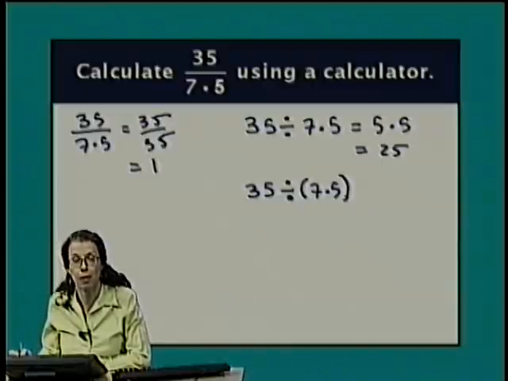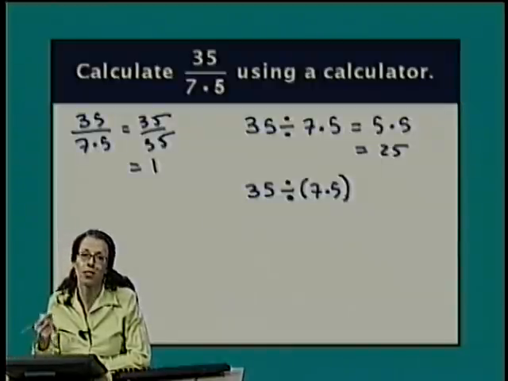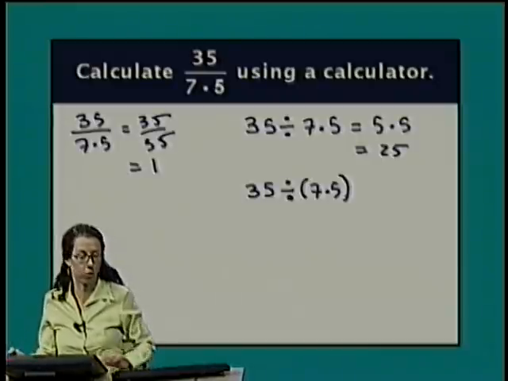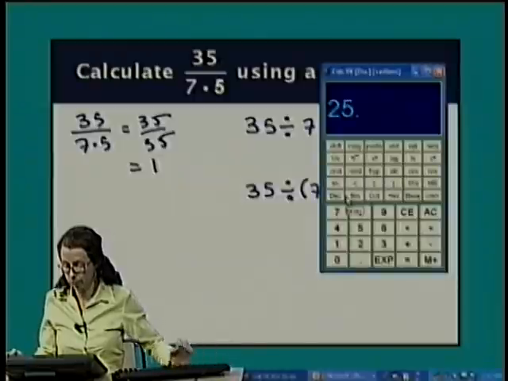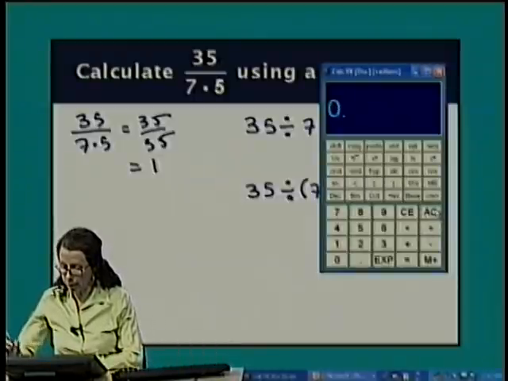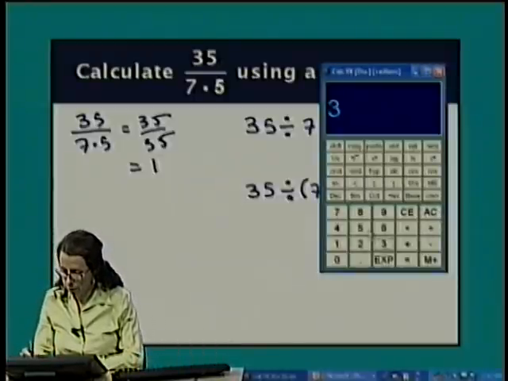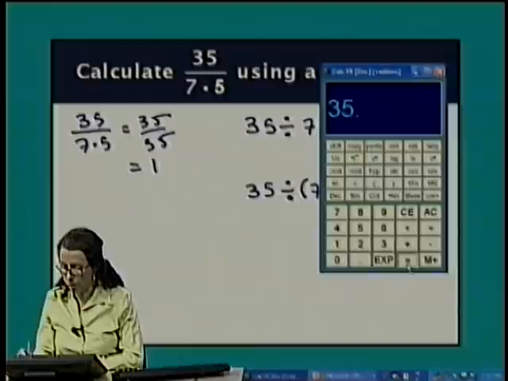Now I'm telling the calculator to understand the division as a fraction bar and as a grouping symbol. So let me try this again. 35 divided by 7 times 5 in parentheses, I get the correct answer, 1.